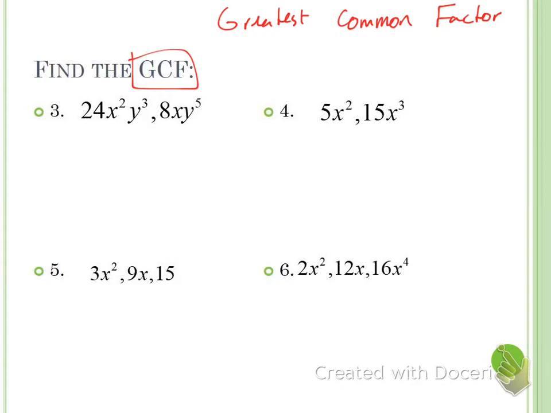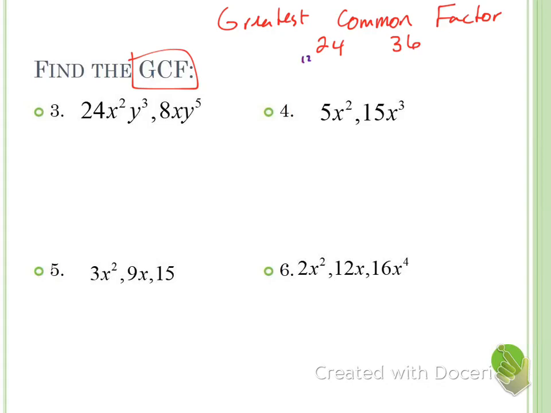If I give you two numbers like 24 and 36, the greatest common factor has got to be the largest number that will divide evenly into both of those, right? And so you've got to start thinking about this a little bit. I'm looking for the largest number that will go into both of those.